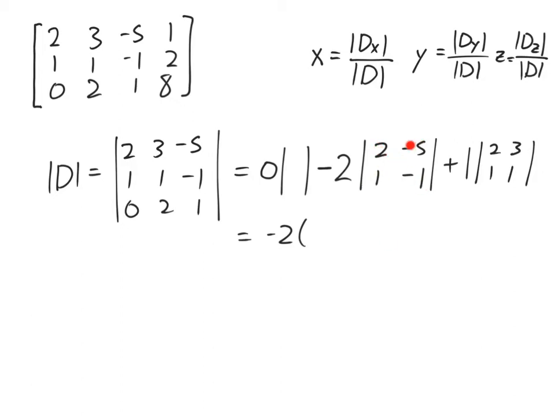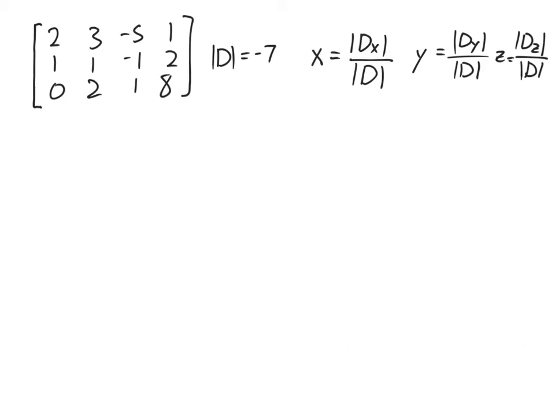So that's negative 2 plus 5, which is 3. And then plus 1 times the determinant of this 2 by 2, which is 2 minus 3, so that's negative 1. So this is going to be negative 6 minus 1, which equals negative 7. So I'm going to make a note up here that this equals negative 7.